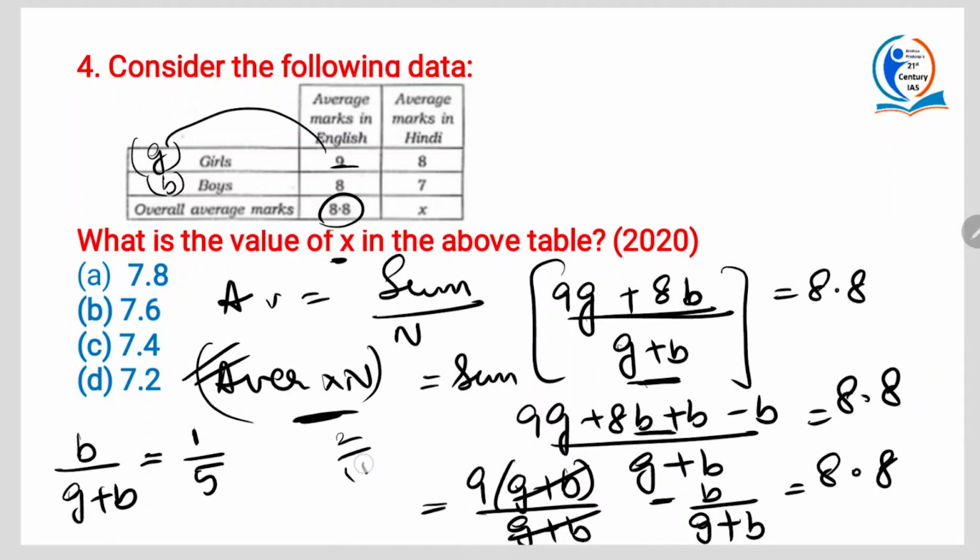0.2 means what? 2 by 10, no? 2 ones are 2, 2 fives are 10. So 1 by 5. Now this 5 you can write as 1 by (1 plus 4), no? Why am I writing like this?